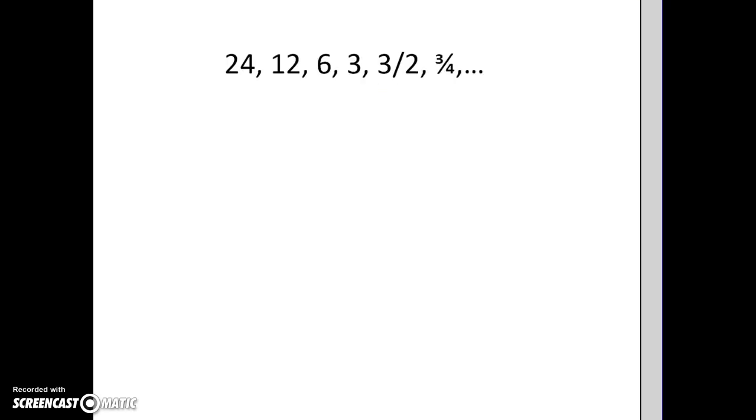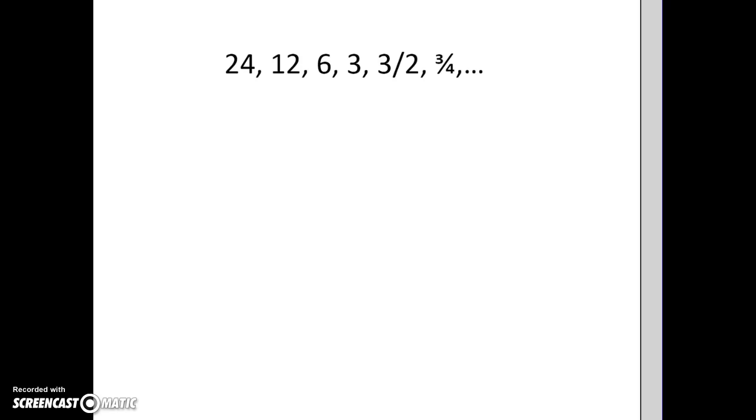Our first pattern is listed: 24, 12, 6, 3, 3 halves, 3 fourths. And we have to find what's called the common ratio and make sure this is a geometric sequence. So, is this a sequence of numbers formed by multiplying to get the next number?